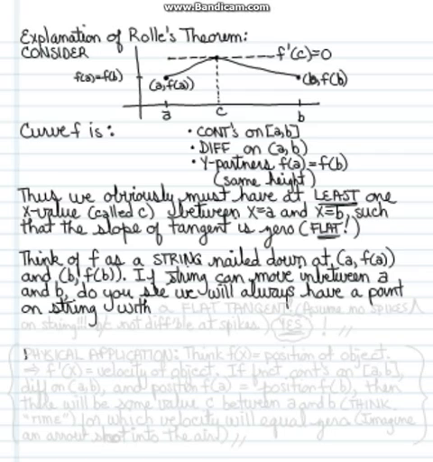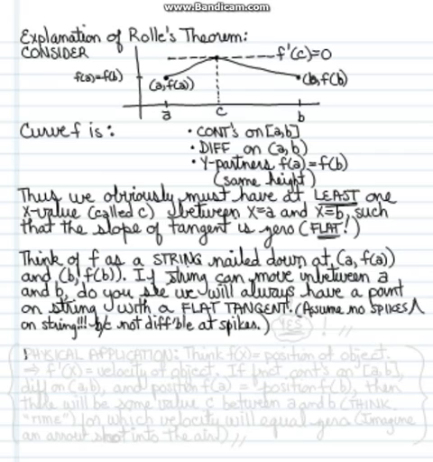Now let's move ahead and think about the physical implications here. In the physical implication, the function f of x is called the equation of motion. It's actually the equation that describes the position of an object at time t or time x. And the derivative f prime is called the velocity of that function.